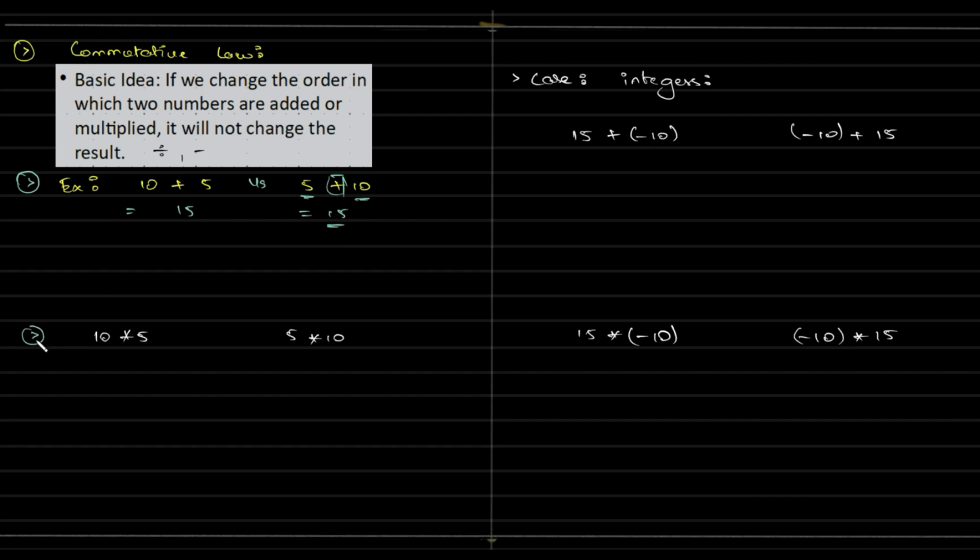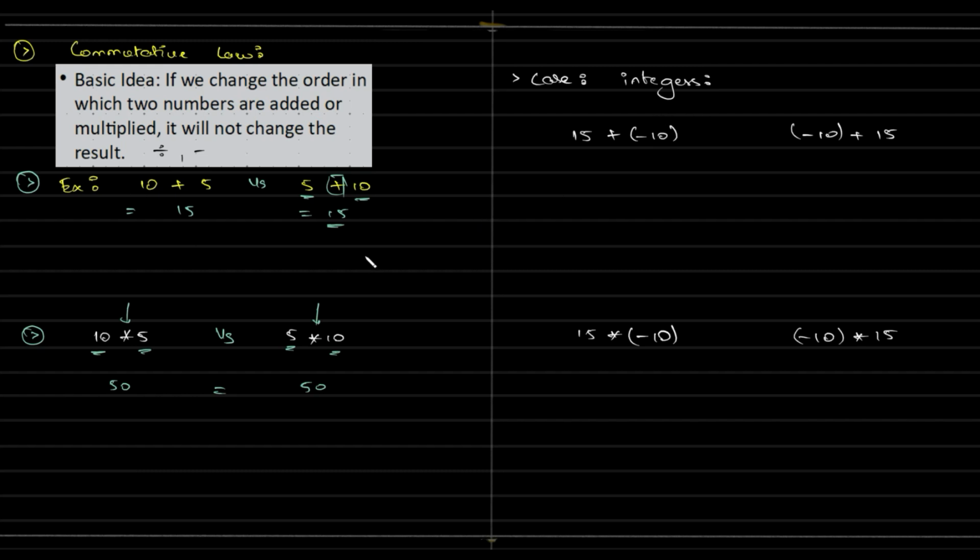So does it hold true for multiplication as well? Well, here we have multiplication operation between 10 and 5 results in 50. Again, multiplication operation between 5 and 10 results in 50. So yes, for addition and multiplication, it holds good.